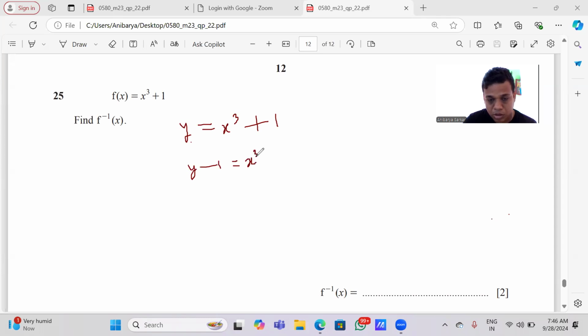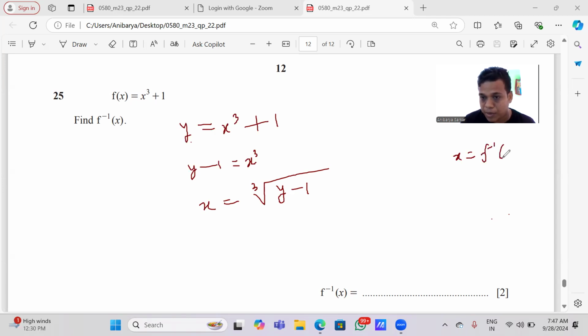So x equals the cube root of y minus 1. Now according to the inverse function, x equals f inverse of y.